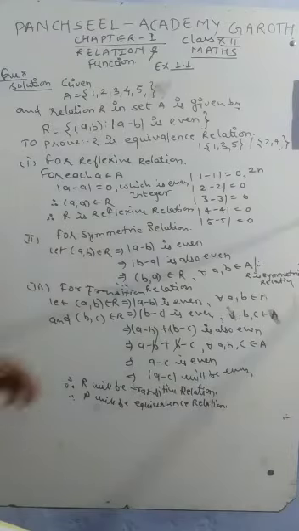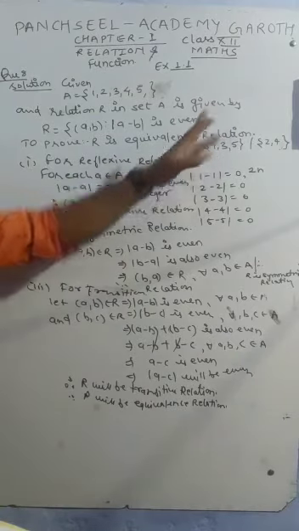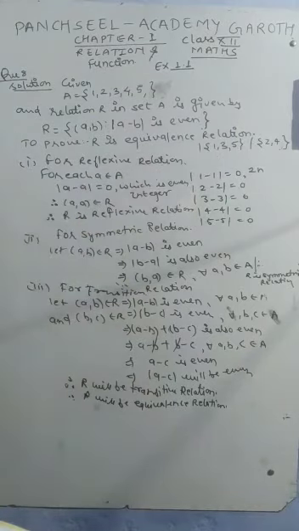After that, we have to prove that each and every element of 1, 3, 5 is connected to itself and 2, 4 is connected to itself, but no element of 1, 3, 5 is connected with any element of 2, 4.